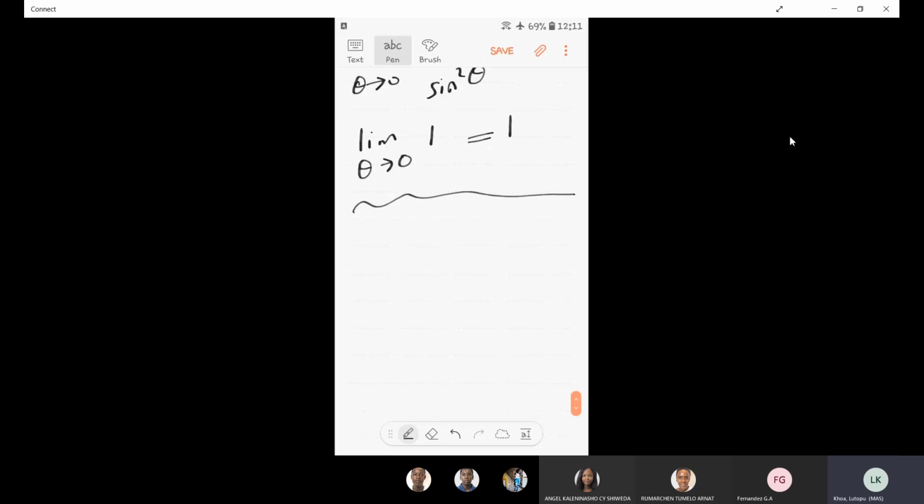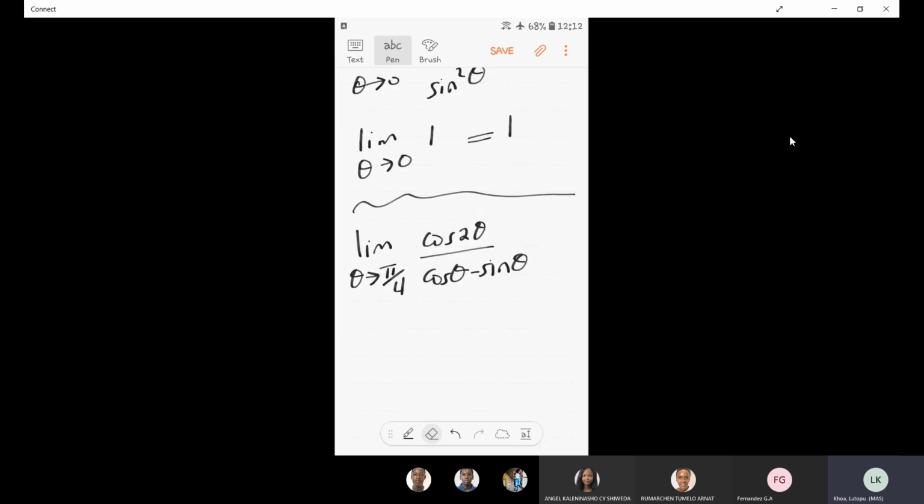What about the limit as theta goes to pi over 4 of cos 2 theta over cos theta minus sine theta? So again, with this one, you will have to use your knowledge of trigonometry to try and rewrite this, see what can cancel. Because if I substitute pi over 4 into the numerator, I have 2 times pi over 4, that's pi over 2.